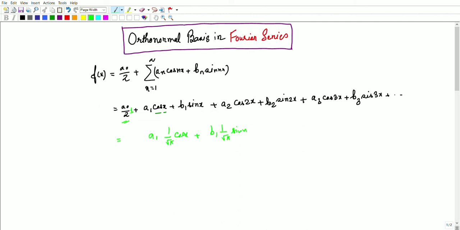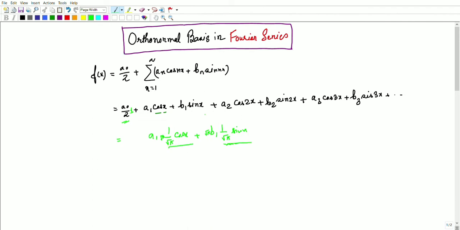If we divide this function by 1 by root pi, then we can make that function an orthonormal basis. But here you have to divide by root pi, and here you have to multiply by root pi, so it will not affect this expression. But the point is that we can say this is an orthonormal basis function here.